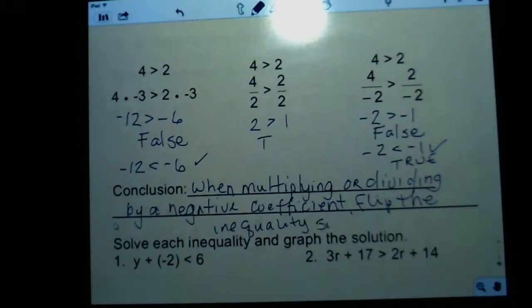The other thing that you can do is just go ahead and multiply the whole inequality by negative 1, and then you don't have to worry about flipping it.